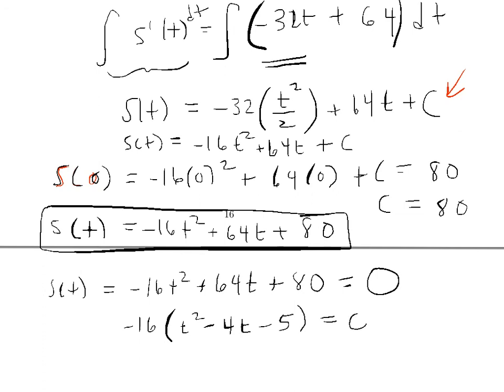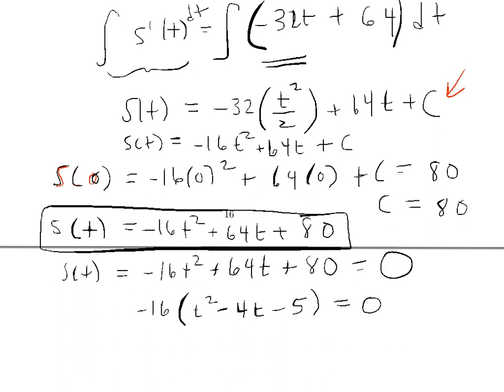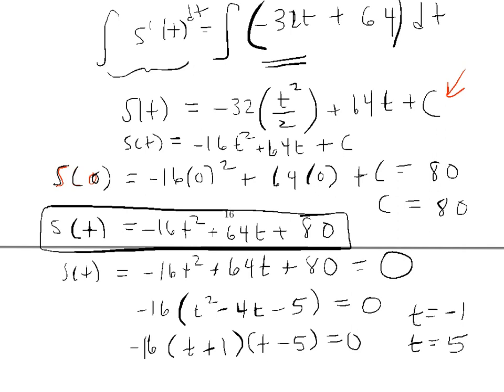Then we can factor that, which is negative 16 times (t plus 1) times (t minus 5). So our solutions are t equals negative 1 and t equals 5. Which one's correct? 5. Only the positive one, right? Time can't be negative. So our solution is that the ball hits the ground 5 seconds after it's thrown.